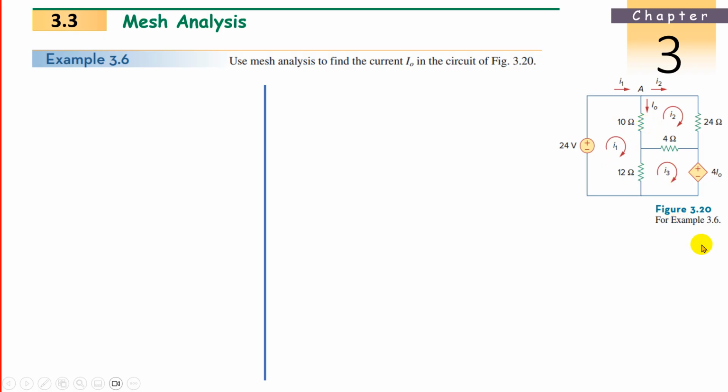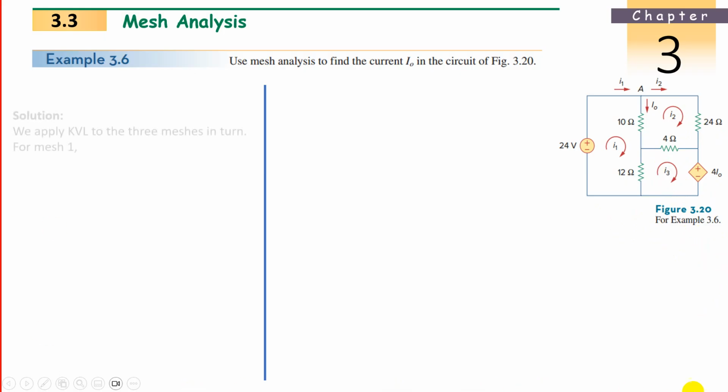Only in this branch we have to think. We are rearranging I0, and it is only in this branch. Don't think about I3 here; I3 is not dependent there. If the 4 ohm resistance is not there, then it is the whole.